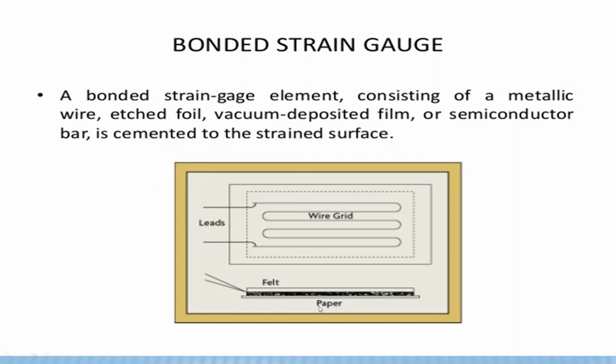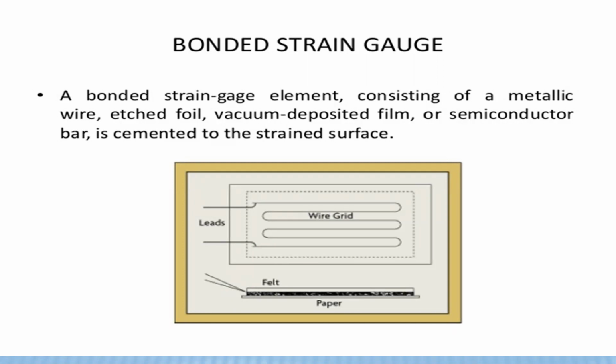Suppose he is taking one paper. In that paper, the strain gauge is felt on the paper. So in that strain gauge, we already know the strain gauge principle. The strain gauge element consists of a metallic wire.